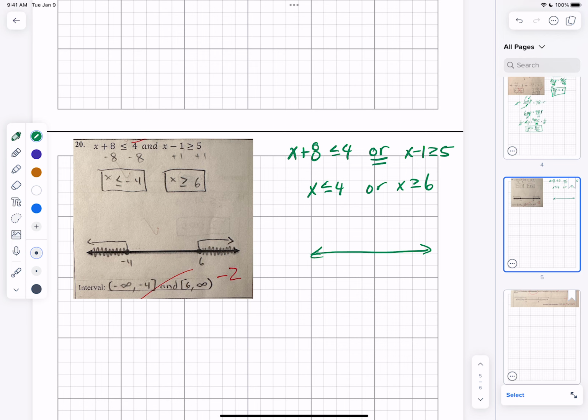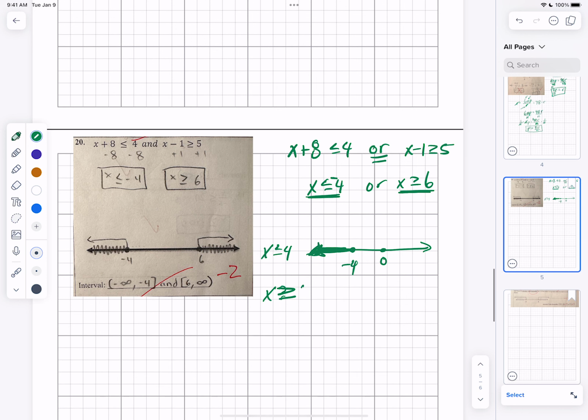An OR graph takes each graph and then it takes the union. So if I want to graph x is less than or equal to negative 4, it's simply this, like you had. And then x is greater than or equal to 6 looks like this, just like you had.